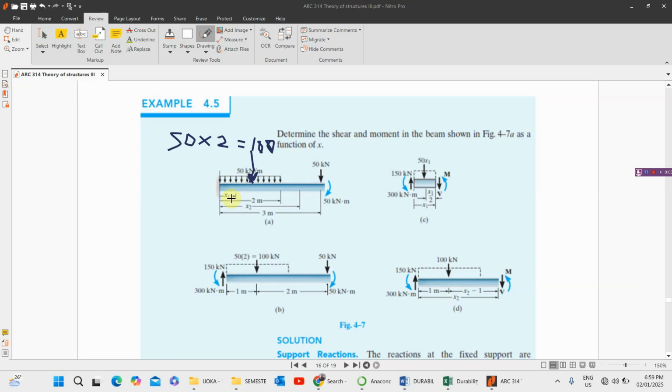However, the moment at this particular point is 100 times 1, that's 100, plus 50 times 3, 150, plus the 50 kilonewton meter moment here.